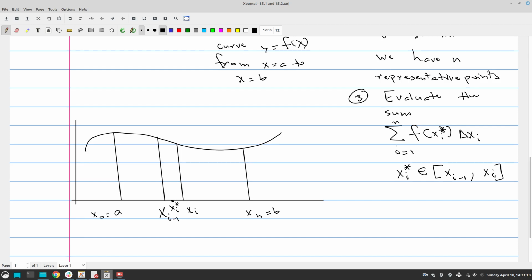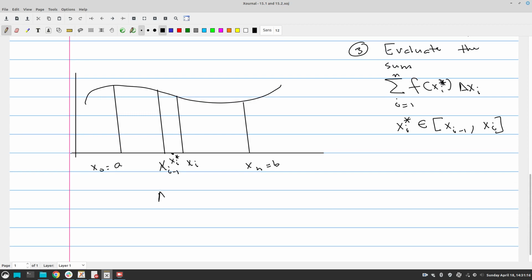So delta x equals xi minus x(i minus 1). And this height, f of xi star, is the height of this shape. This looks like a trapezium. We will approximate it to be a rectangle, because this delta x is small.